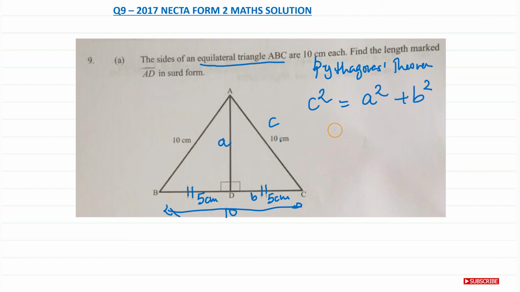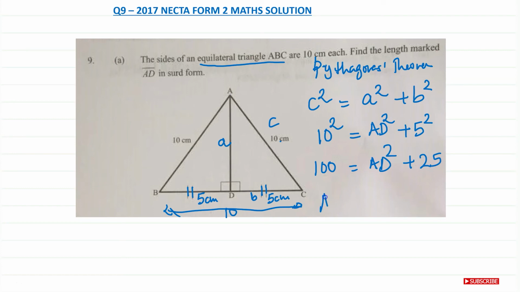We have the C, so C is 10, so 10 squared equals A squared, which is what we want in this case, called AD. So that's AD squared plus our B is going to be 5 squared. So 10 squared is 100 equals AD squared plus 5 squared is 25.